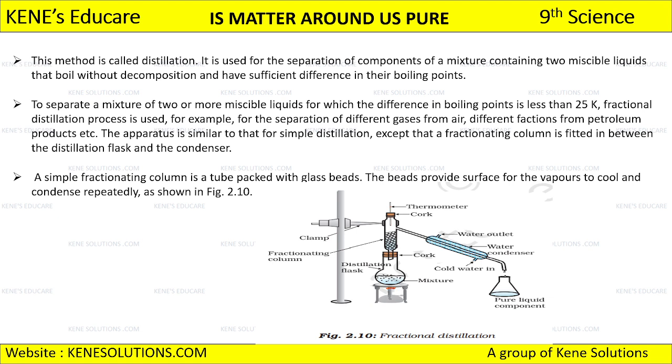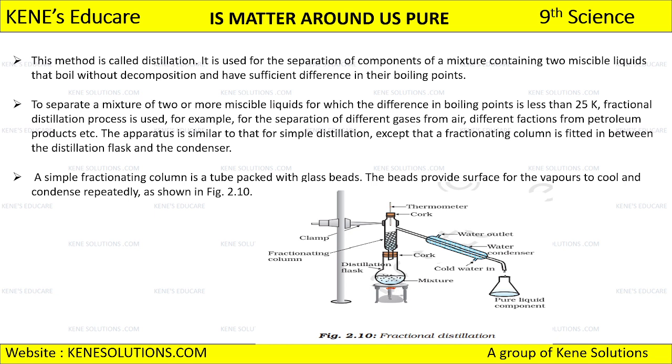Okay, so to separate a mixture of two or more miscible liquids for which the difference in boiling point is less than 25 K, there will be certain substances whose boiling points differ by less than 25 K, then the fractional distillation process is used for that.